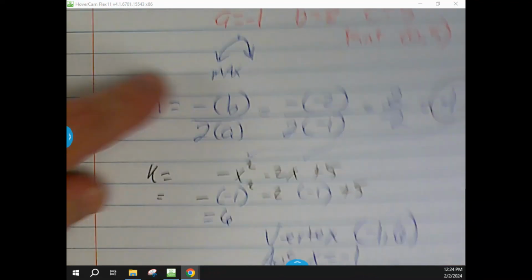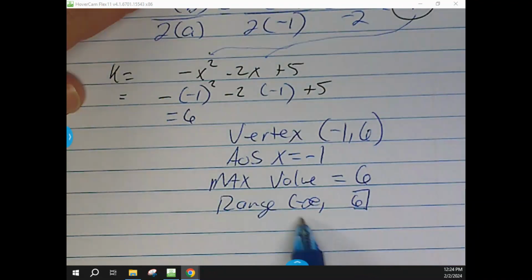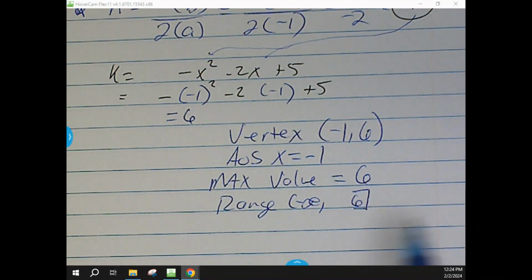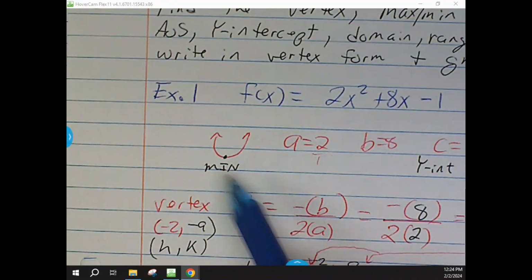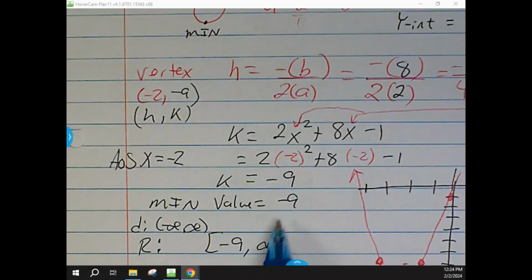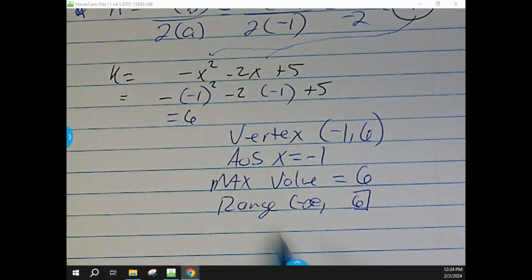And we know if this thing is pointed down, it's going to go to negative infinity. So we're going to start at negative infinity, and we're going to stop at 6, because that's the max value. That has to be the big number. When we did this one, that was a minimum, so that made it the first number. So whatever this k value is, if it's the minimum, it's the first number. If it's the maximum, it's the last number.